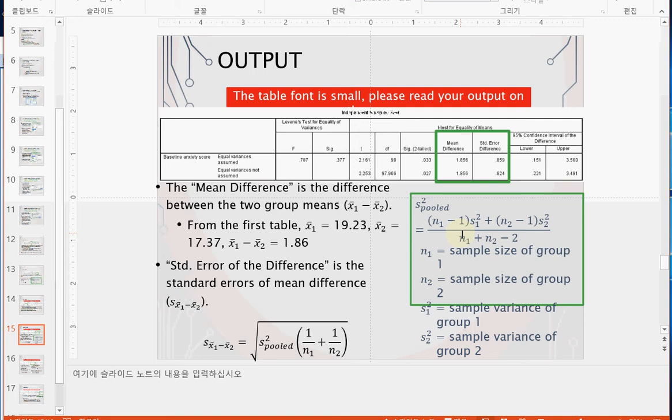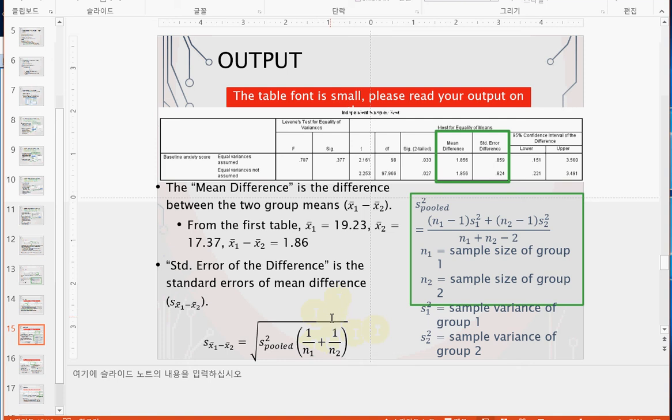So here's the mean difference and standard error of the difference. As you can see, the standard error of the difference is computed a little bit differently from the one sample or paired sample, because we use the pooled sample variance by this formula.